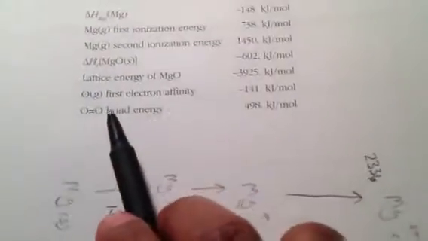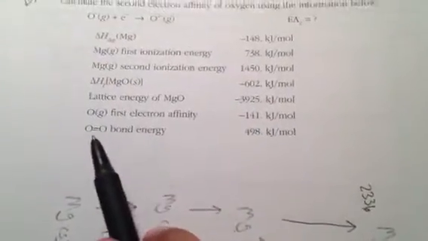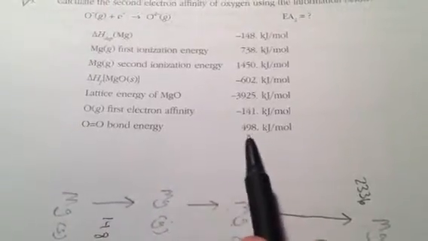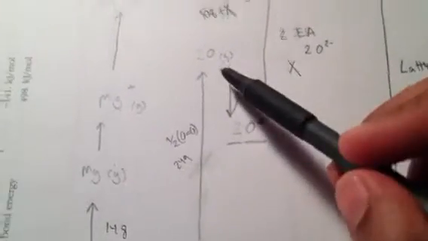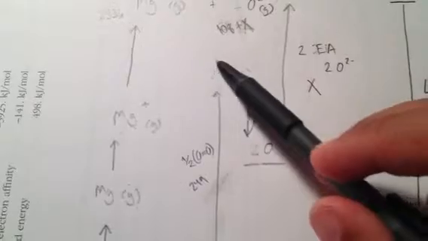We're given the bond energy of O2, but we only want 1/2 a mole of O, so we have to multiply this 498 by 1/2, and that gives us 249. Don't forget that step. Now we have 1 mole of single oxygen atoms. The next step is the first electron affinity.